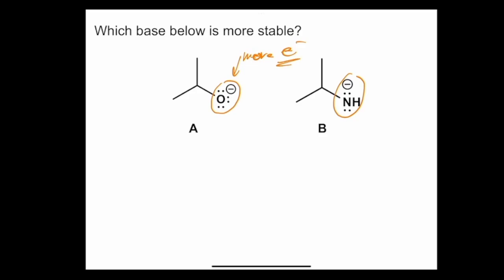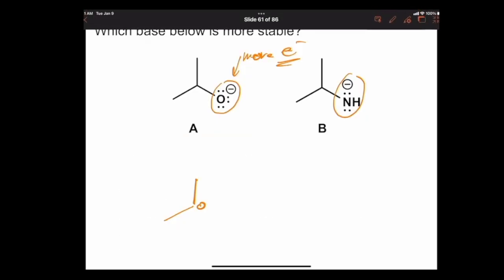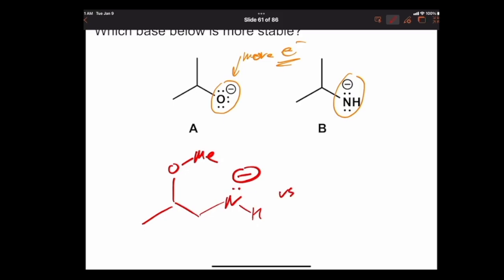Most important thing, though, when you're using electronegativity, the atom we're checking has to be the atom that's holding the charge. For example, what if I drew, oh, no, it's not going to work. Let me draw that OMe, nitrogen, lone pair minus, versus another structure.